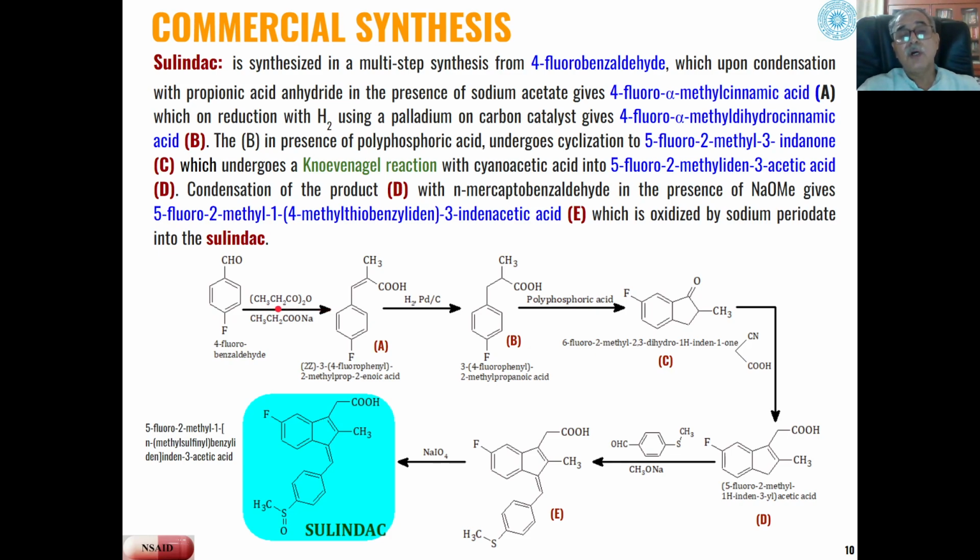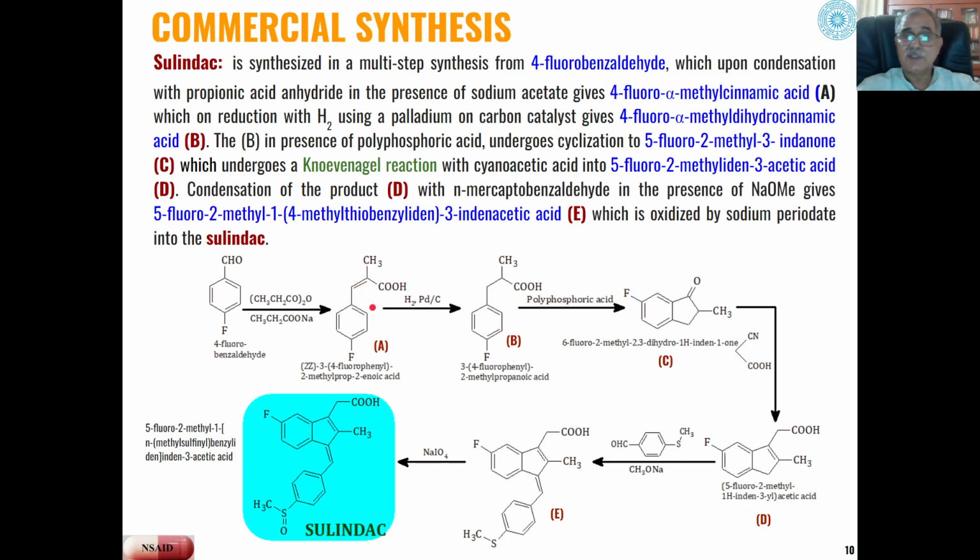We know aldehydes, when reacted with anhydride derivatives, for example propionic acid anhydride in presence of sodium acetate, undergo condensation between the aldehyde and the propionic acid anhydride, and we will get 4-fluoro-alpha-methylcinnamic acid as the product.